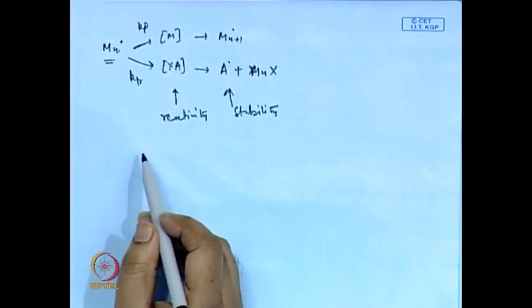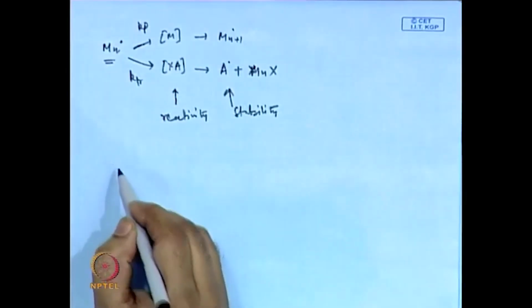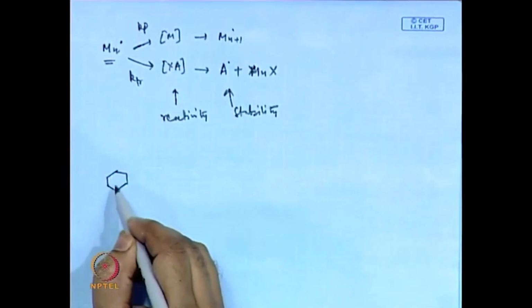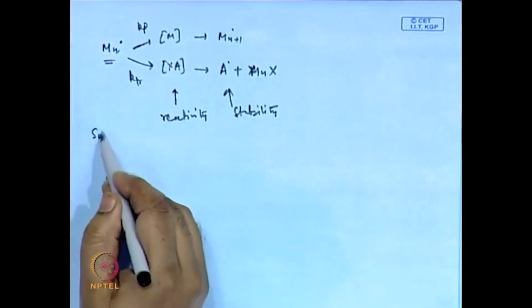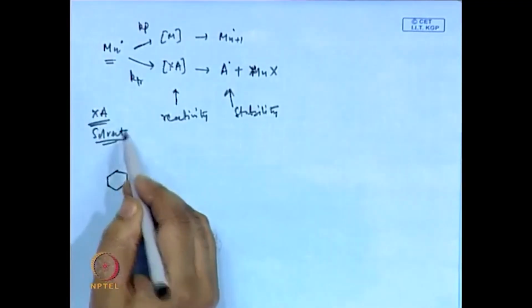Let us take a few examples and see whether we can grasp this. Okay. Let us consider examples like benzene. We are talking about solvent. Let us consider XA as solvent.